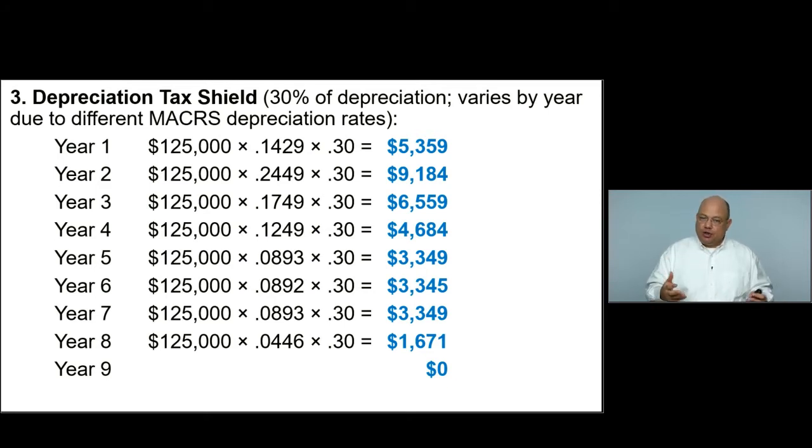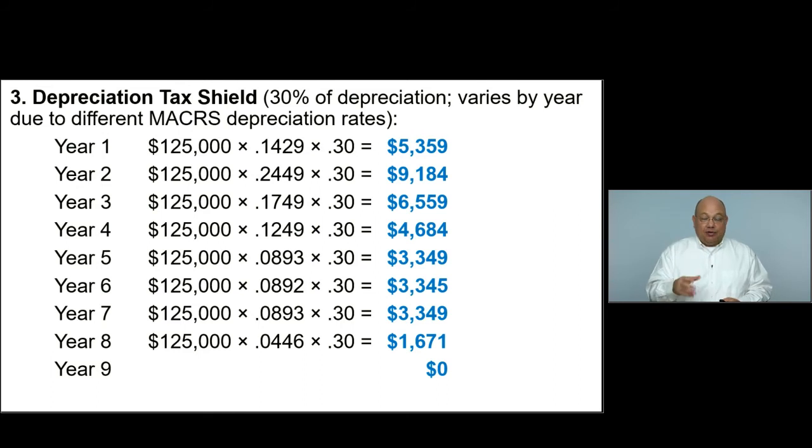And each of those depreciation expenses multiplied by 30% gives us the depreciation tax shield each individual year. Notice in year 9 there's none, because the asset is fully depreciated at the end of year 8. So in year 9 there is no tax depreciation expense. Since there is no tax depreciation expense, we don't have any tax savings connected to that in year 9.